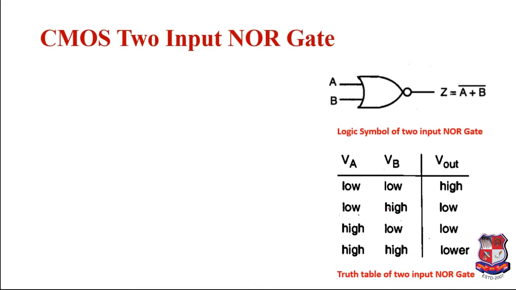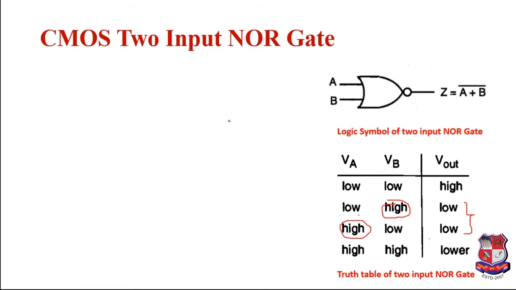Similarly, if any of the inputs is logic high, in that case the output is going to become 0, or we can say it is low. And if both the inputs are logic high, then the output will be logic 0.